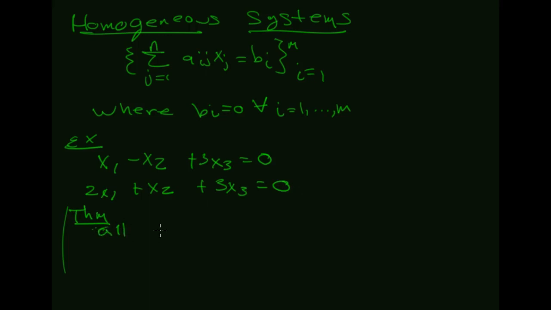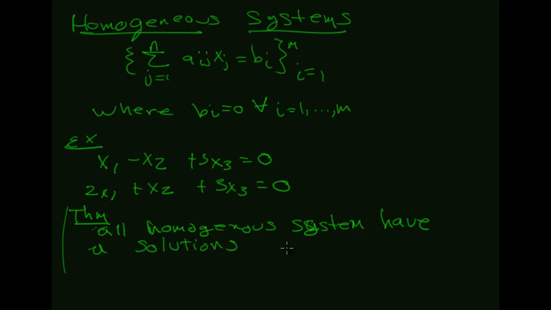All homogeneous systems have a solution or are consistent. I think it's the way I put it in the notes. Because if you look, if you just make all the variables 0, it solves the system. Okay, so there is a trivial solution. Okay, so like 0, 0, 0 has to solve this system.